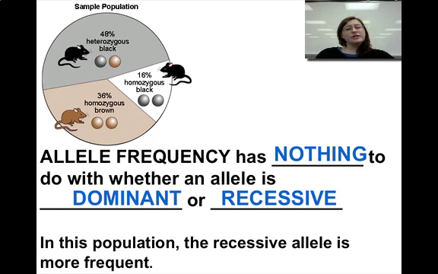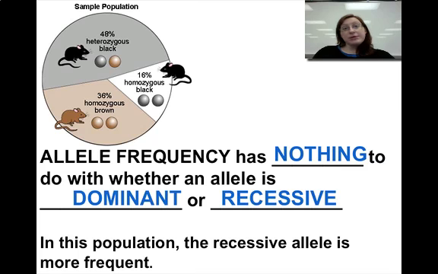We talked about this a little bit in chapter 11 when we talked about polydactyly, which is a dominant condition in which you have multiple fingers or toes above the 5 digits that you have, so 6 or 7 is the most common form of polydactyly. That is a dominant trait.